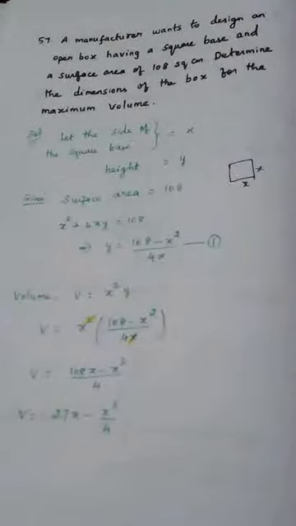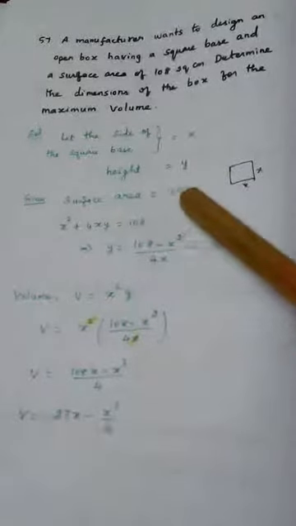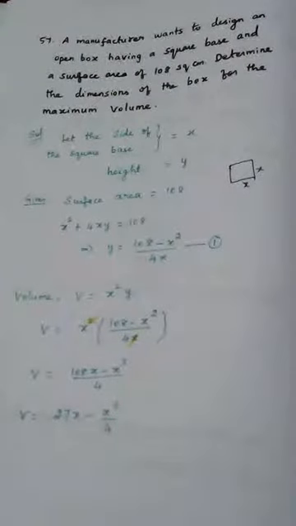Top and bottom, left and right, front and back. So totally 6 faces will be there for a cuboid. And surface area is given as 108. Since it is an open box, the top will not be closed, so only 5 faces will be there.